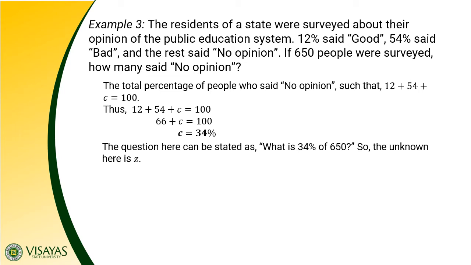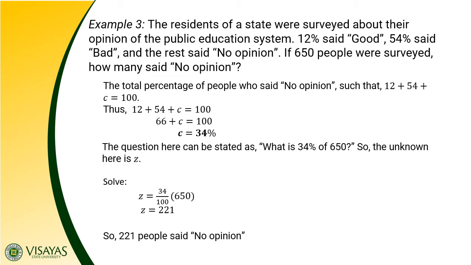And to find the Z, or the number of people who said no opinion, just simply multiply 34 over 100 times 650, and that is 221. In conclusion, 221 people said no opinion. Okay? Ibig sabihin, may 221 out of 650 said no opinion.